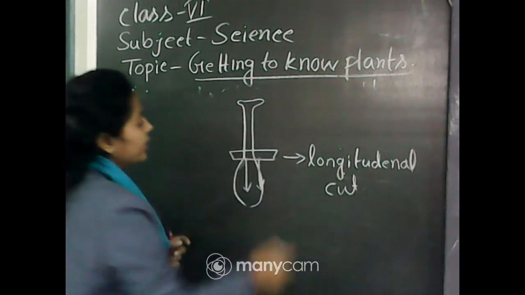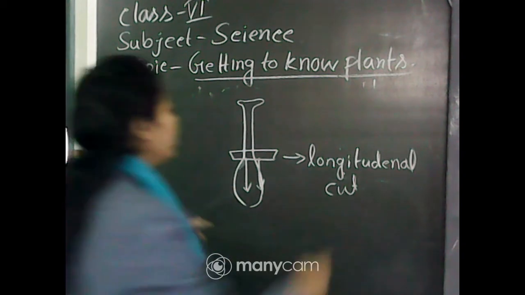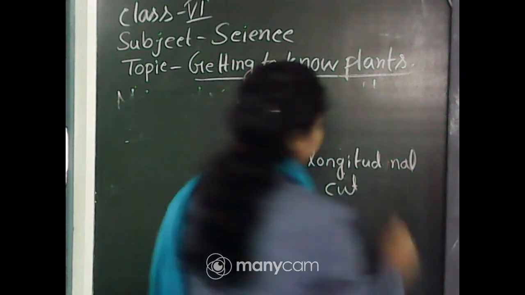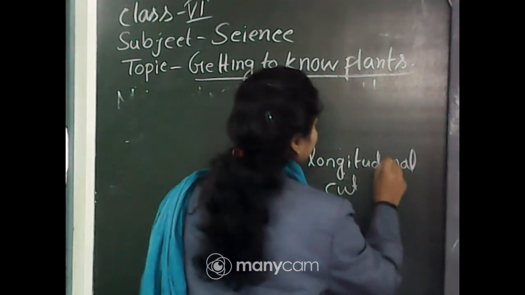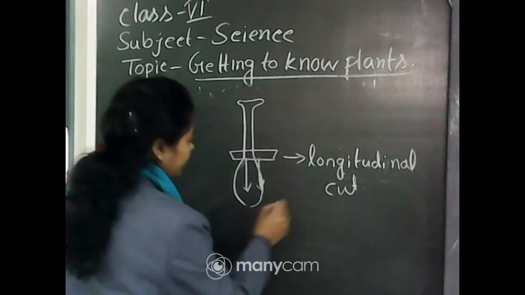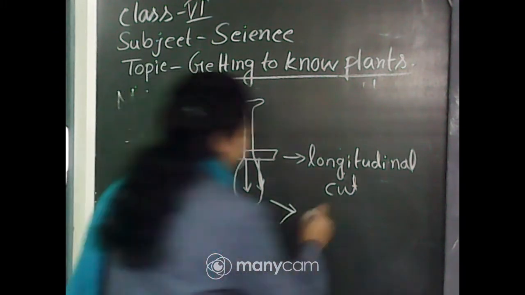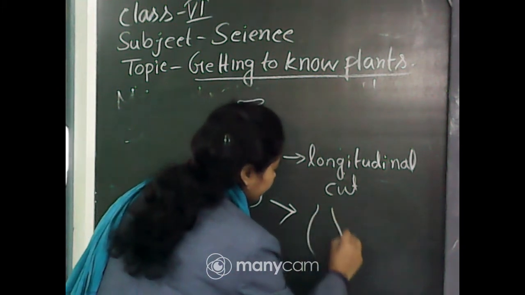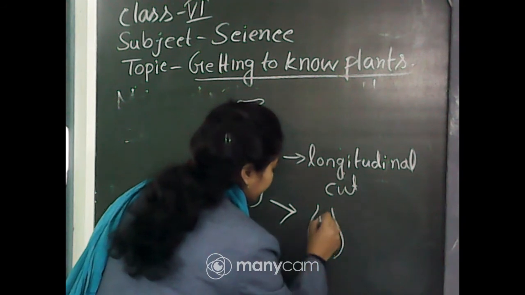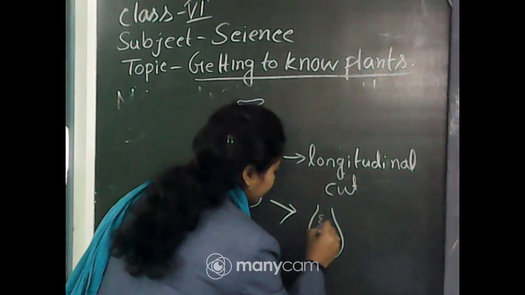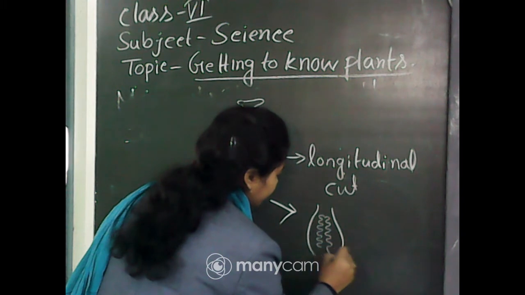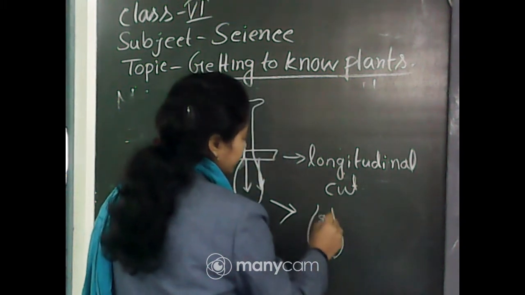So after cutting this pistil in the longitudinal way, then we can see the ovary, it will look like this.